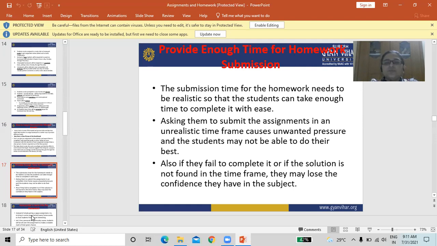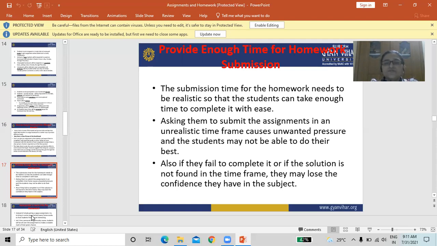Asking them to submit the assignment in an unrealistic time frame causes unwanted pressure, and the student may not be able to do their best.